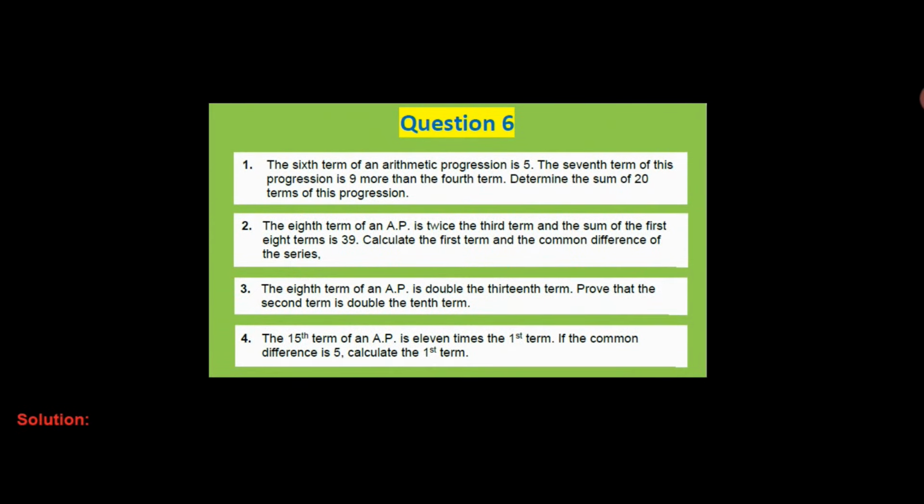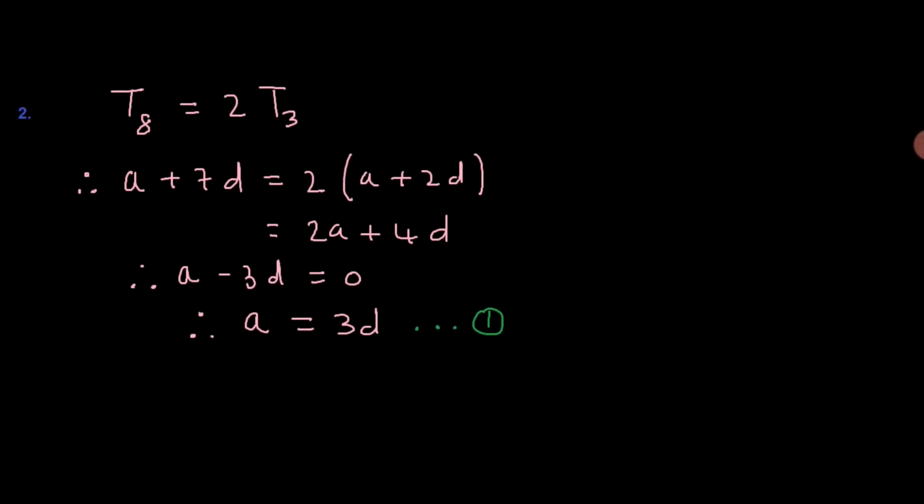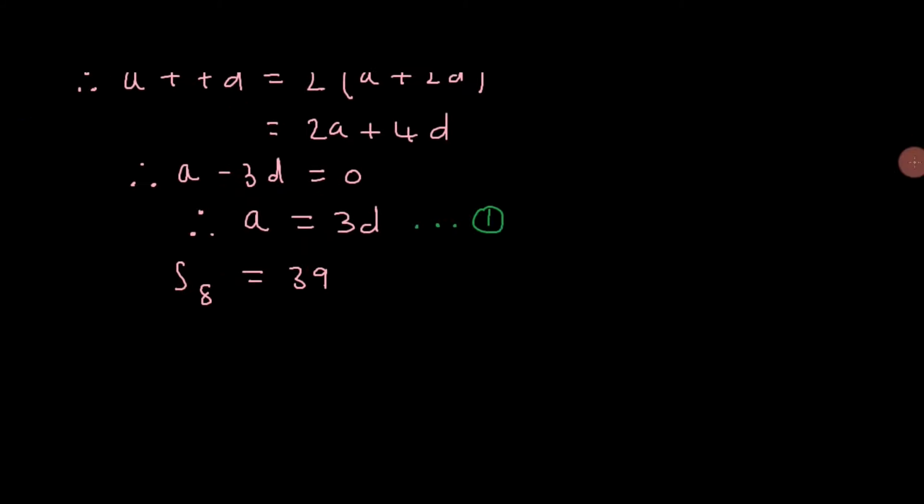Now, the second bit of information says the sum of the first 8 terms is 39. So we can write that S8 is 39. And then using the sum formula, we can write this equation in terms of a and d as well. So n over 2 is 8 over 2, into 2a plus n minus 1 is 8 minus 1, so 7d, is 39.